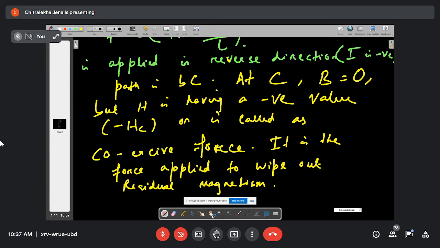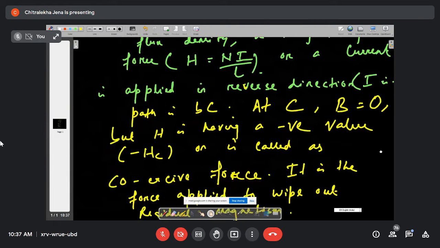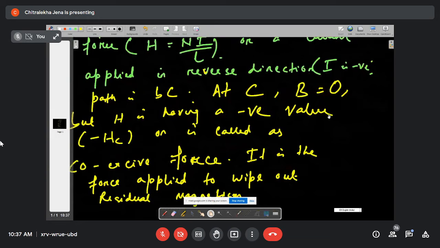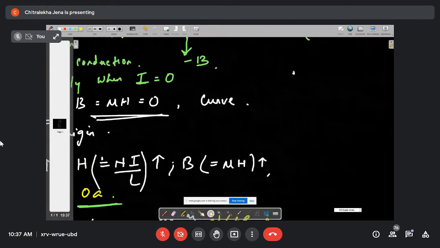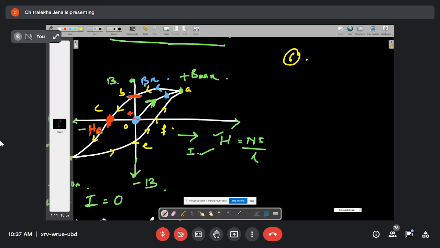Clear? Now coming to the number 6 point. Number 6 is written, all of you? Now come to the graph. Number 6: I have already passed a current in the negative direction. When a magnetic material is subjected to one cycle of magnetization, you passed a positive current, now you are passing a negative current.